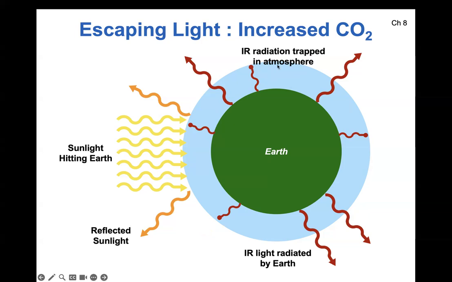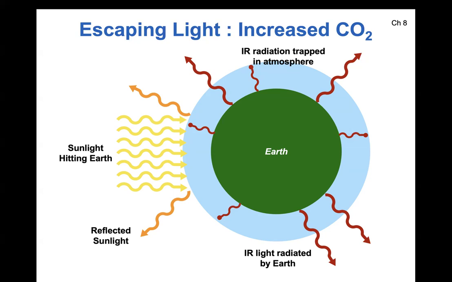or trapped infrared. So the Earth will still do its thing where it wants to reach a temperature that maintains that equilibrium, and it's going to emit infrared light, but some of that infrared light is going to get trapped in the atmosphere because of gases like CO2, those greenhouse gases, which even in trace amounts are really effective at trapping light.